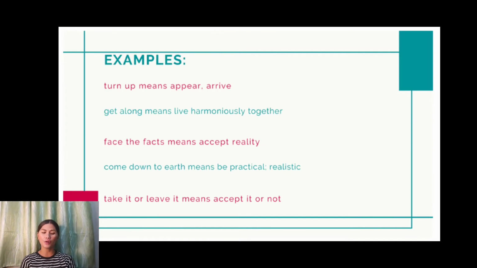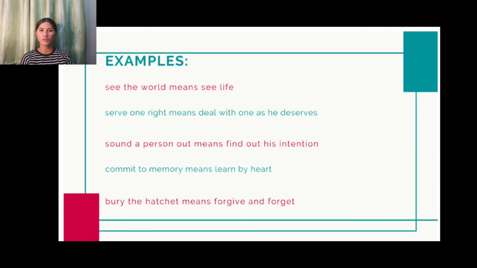Come down to earth means be practical or realistic. Take it or leave it means accept it or not. See the world means see life. Serve one right means deal with one as he deserves. Sound a person out means find out his intention.